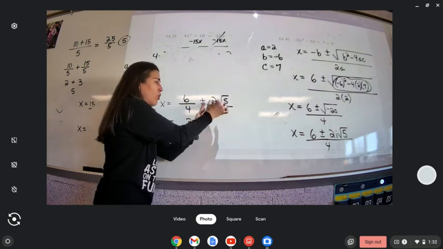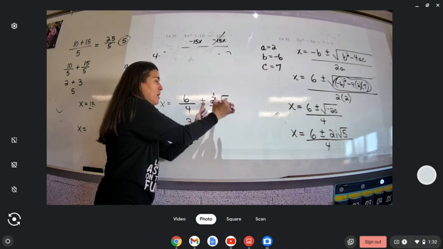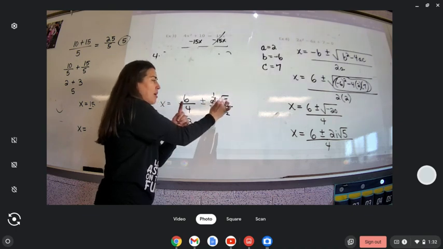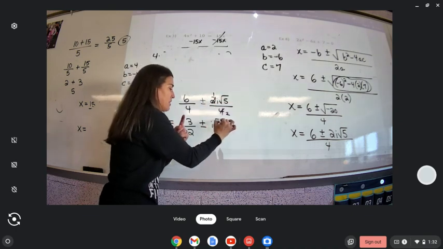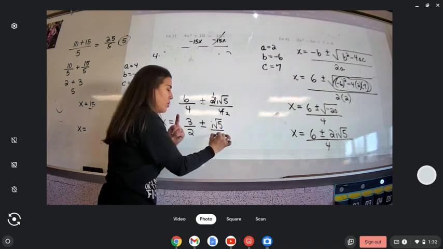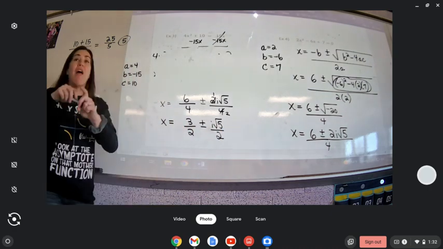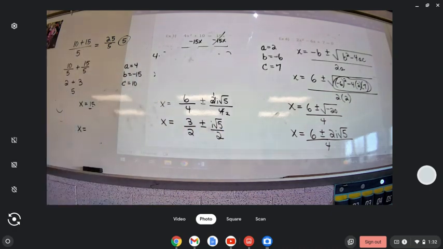What does 2 over 4 reduce to? 1/2. So 1 times i times square root of 5 is i square root of 5 over who? 2. That's how you can get away with reducing your fraction. So all you're doing is splitting. Give everything on top its own denominator of 4, and then you deal with one fraction at a time.